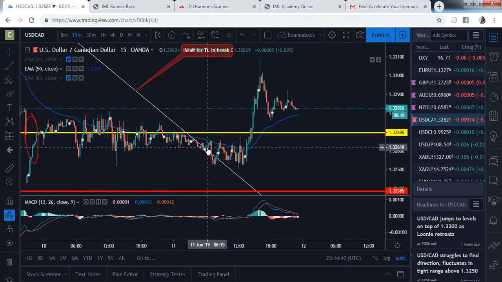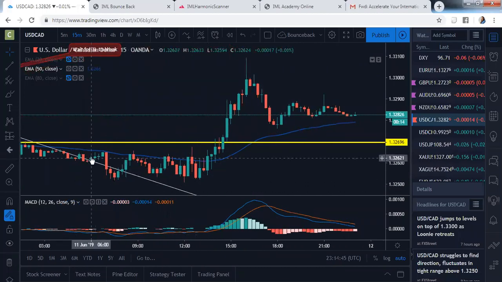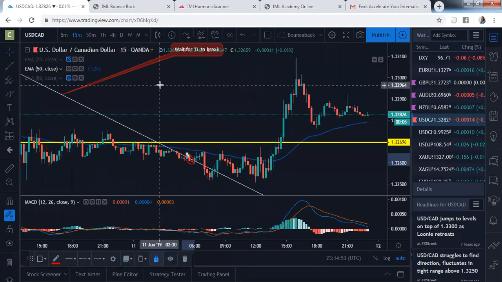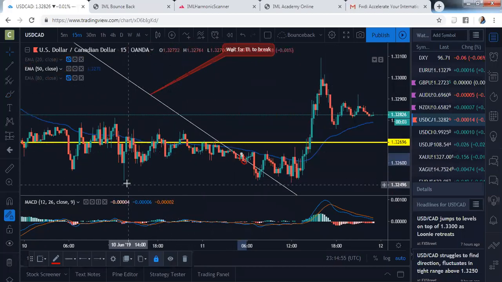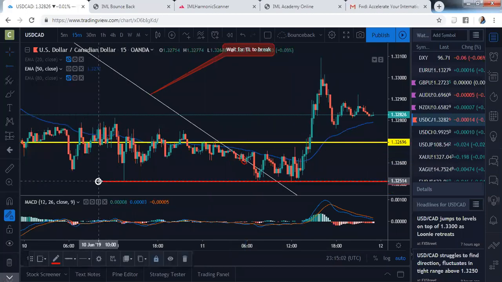So yes, you will notice, let me zoom in, that USD CAD broke the trend line around here, but it continued to fall. And therefore, if you had your stop loss underneath the last low, which would have been here, it is likely that you would have been taken out of the trade before it actually took off.